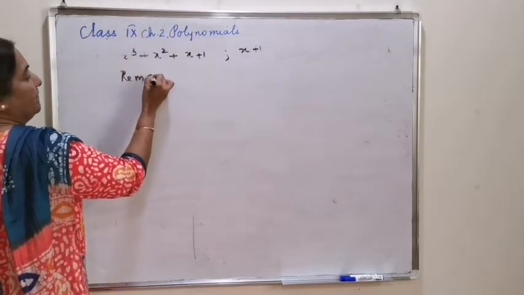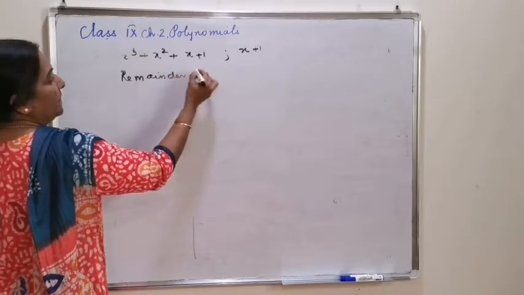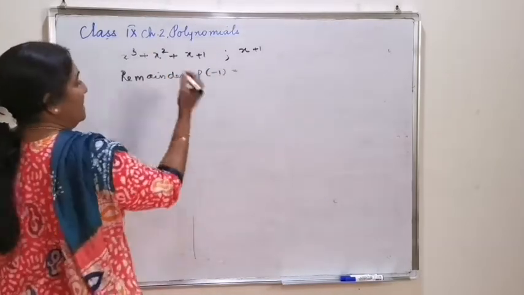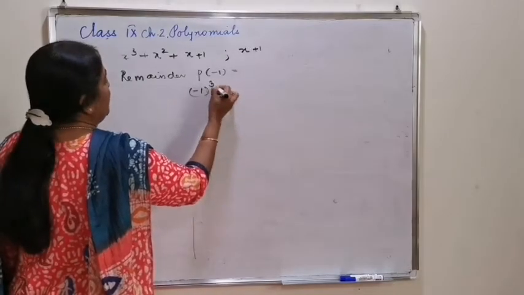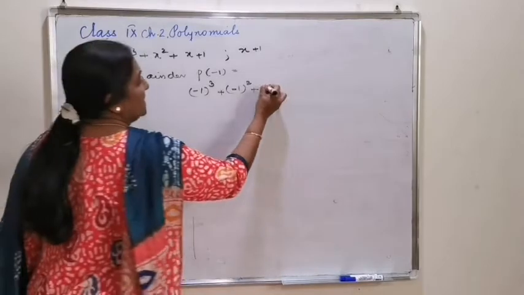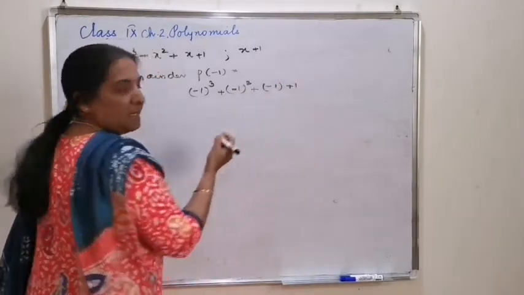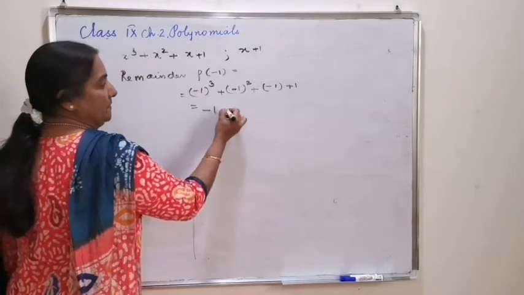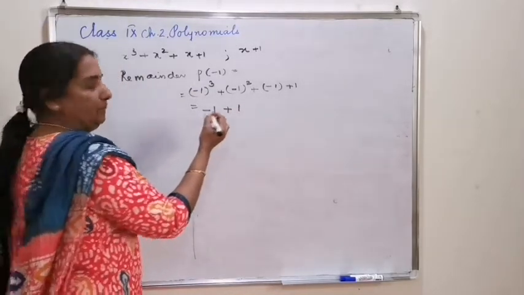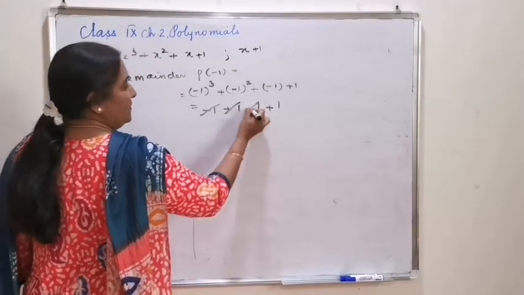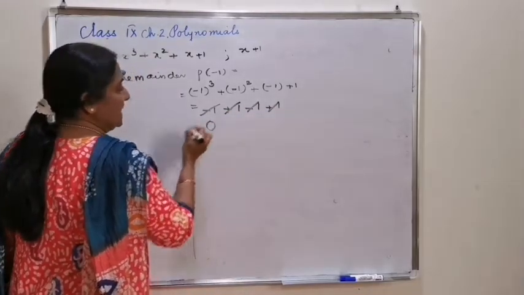Remainder: p of minus 1 is equal to minus 1 cube plus minus 1 square plus minus 1 plus 1, which is equal to minus 1 plus 1 minus 1 plus 1, which gives you the answer as 0.